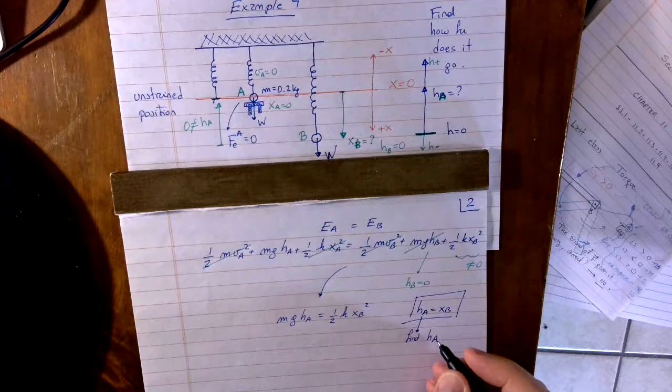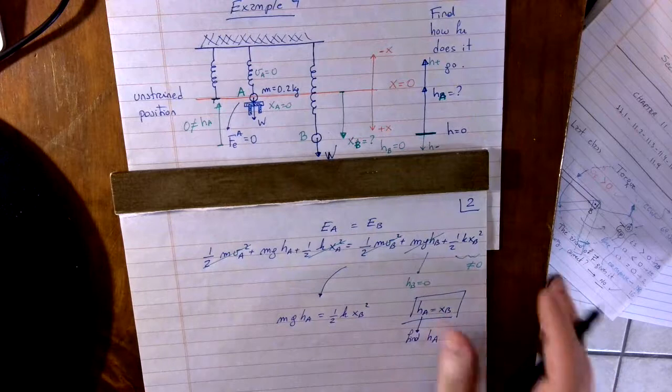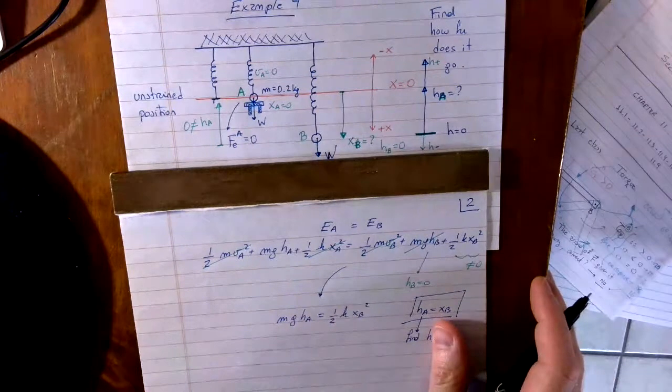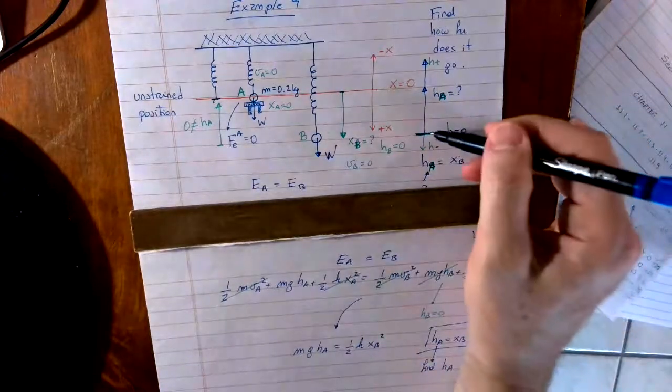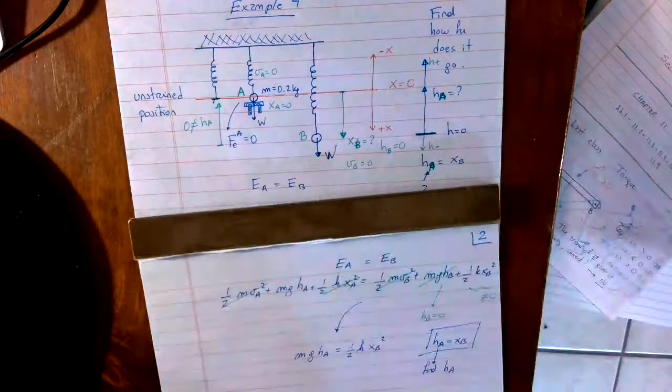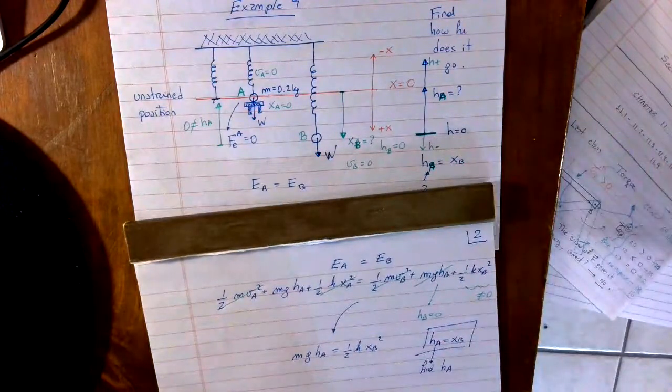In the book they call it H final and H0. So how will we know to put H equal to 0 there? Well, again, you first define the coordinate system.